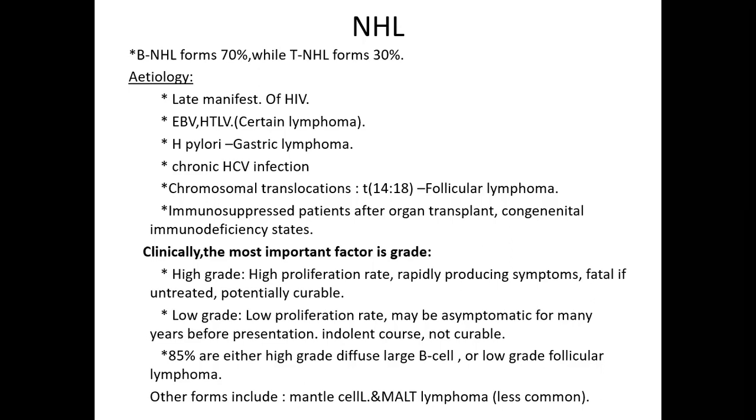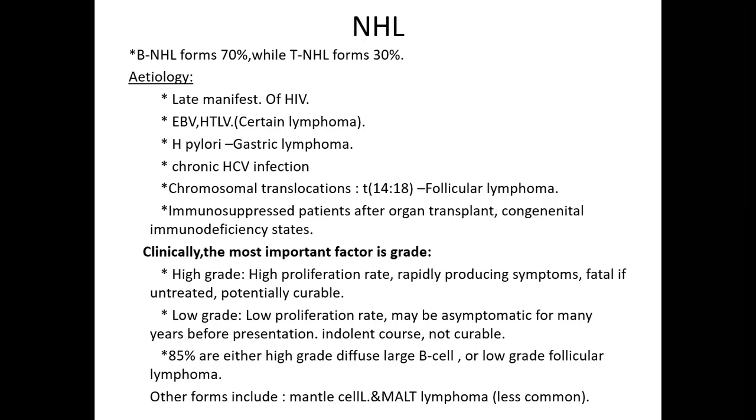Other viral infections rarely can end with lymphoma, like Epstein-Barr virus infection and human T lymphocyte virus infection. H. pylori, which affects the stomach, can result in gastric lymphoma. A chronic hepatitis C virus infection can result in the development of splenic lymphoma.